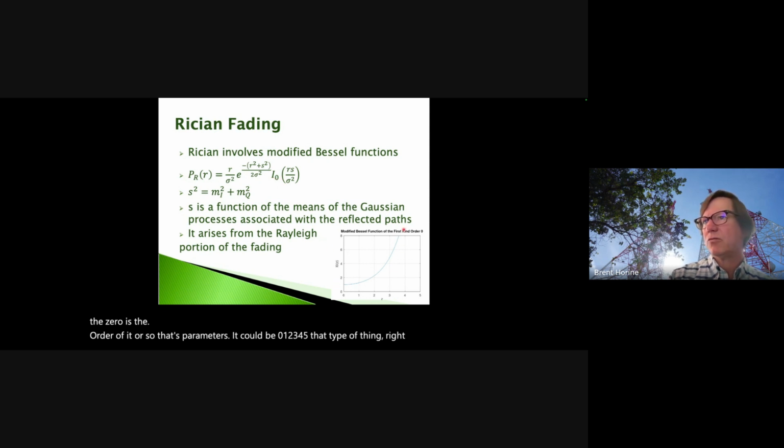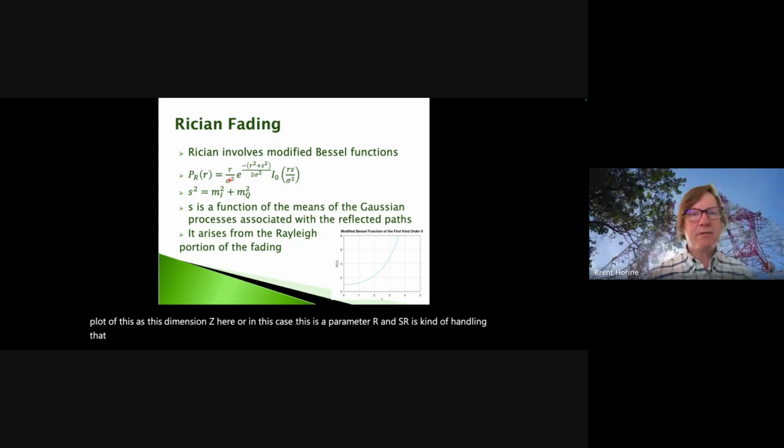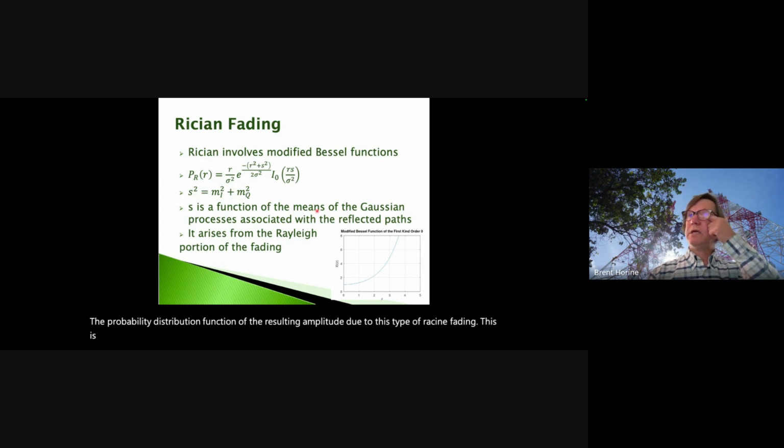So this is a rough plot of this as this dimension z here, or in this case, this is a parameter r and s. R is kind of handling that distance, right, from the transmitter. And so again, this is the probability distribution function of the resulting amplitude due to this type of Riccian fading. This S is basically handling the means of the Gaussian processes that are associated with the reflected paths, right?